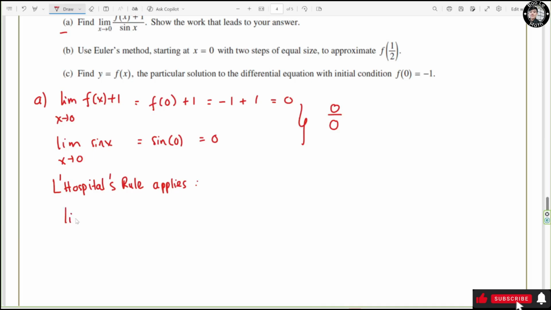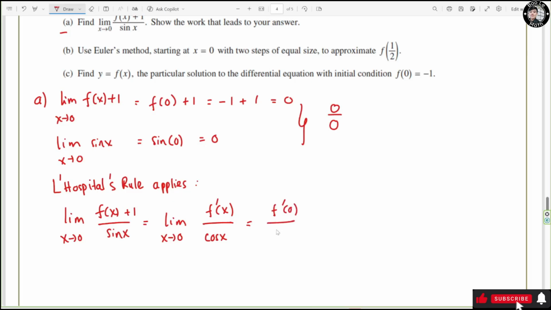So we have the limit of (f(x) plus 1) over sin x when x approaches 0 equals the limit when x approaches 0. Take the derivative on the top, which is f prime of x. The derivative on the bottom is cosine x, right? So you can substitute 0 for x, it becomes f prime of 0 over cosine of 0, right?